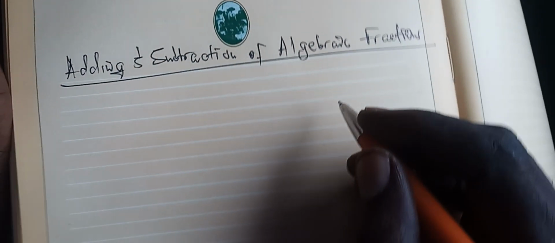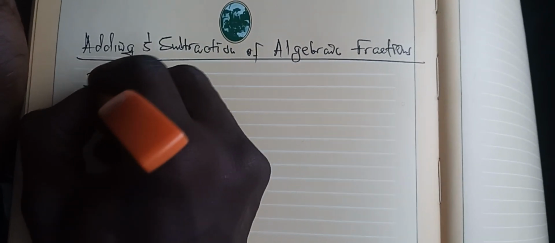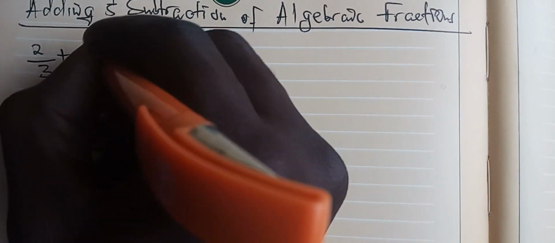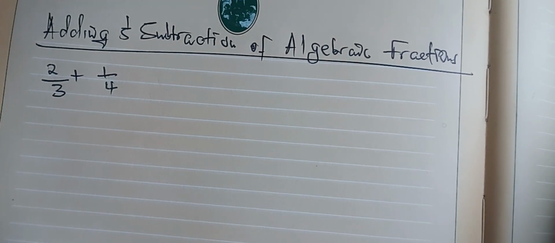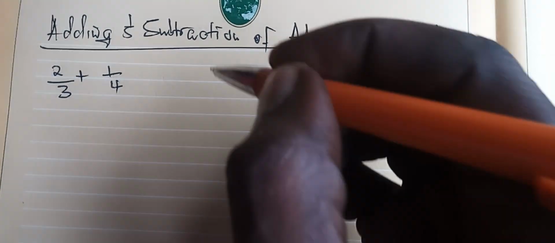For example, when you get something like 2 over 3 plus 1 over 4. When we are looking at a fraction, we are basically looking at something that has got a numerator and a denominator.